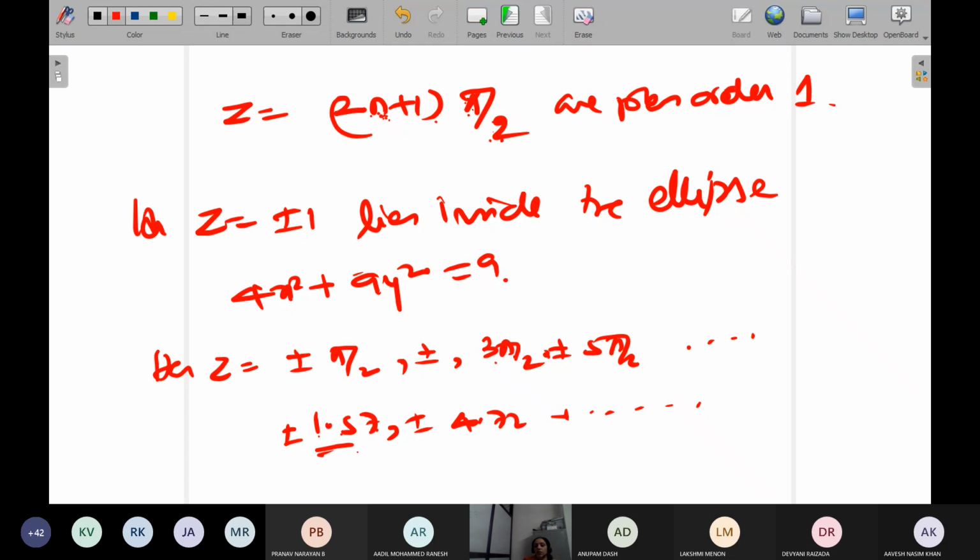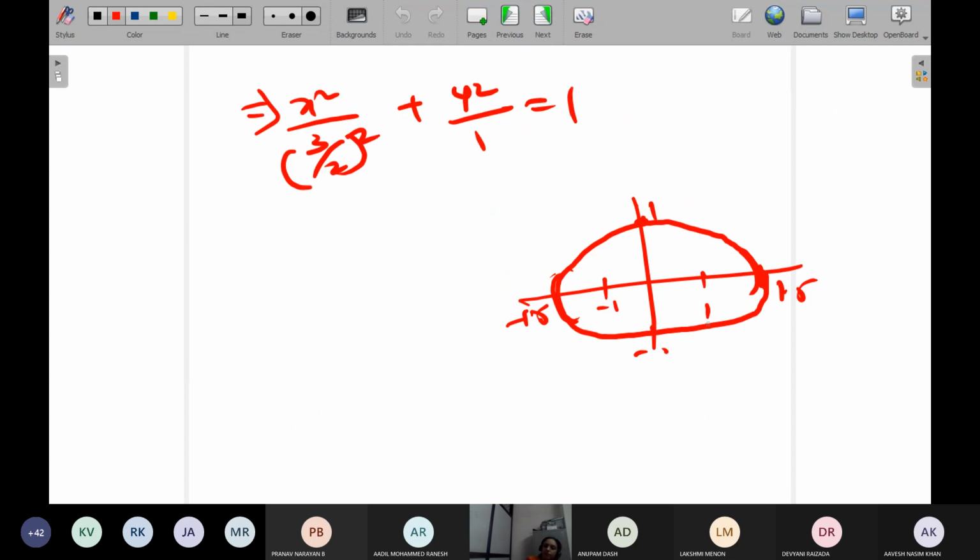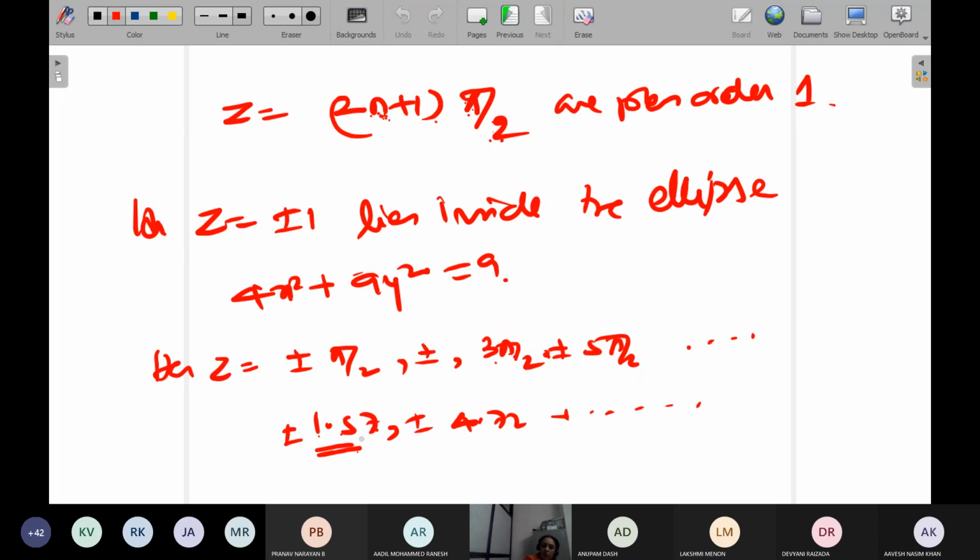Now check whether this 1.57 will lie inside. No, it won't, because the major axis cuts at minus 1.5 and 1.5. We have 1.57, so it will lie outside.